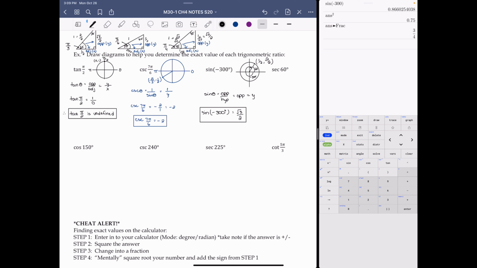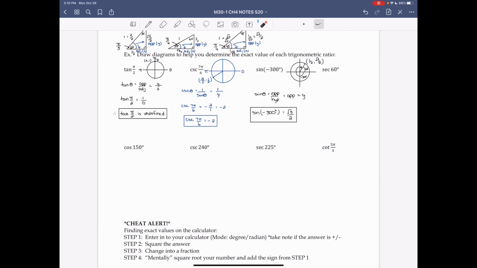So root 3 over 2. And from when we did sine of negative 300, we got a positive answer. So it would be positive root 3 over 2, which is what we got over here. So if you want to use that trick, if you can remember all those steps, go for it. It's a good way to check your answer to see if you got the correct answer.